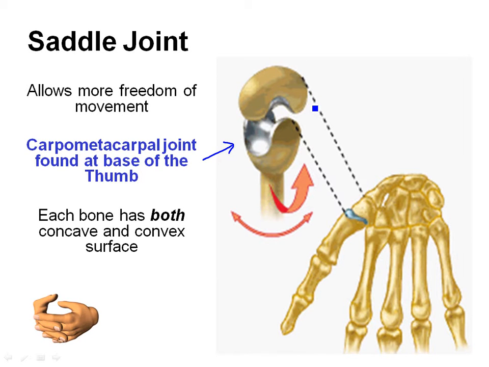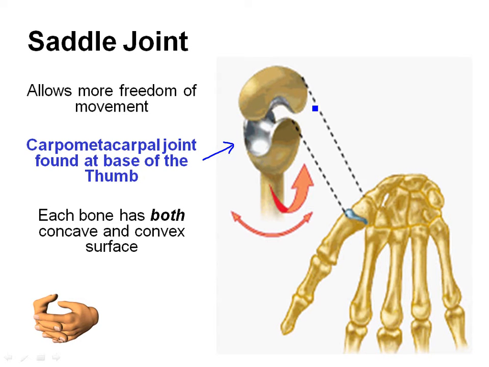And the only place that we can really see this is on the base of the thumb, and it's going to allow us to create this movement called opposition. I can touch my thumb to each finger. There's very few living organisms that can do this. Just the primates can oppose their thumb. And the ability to do this is based on this saddle joint.